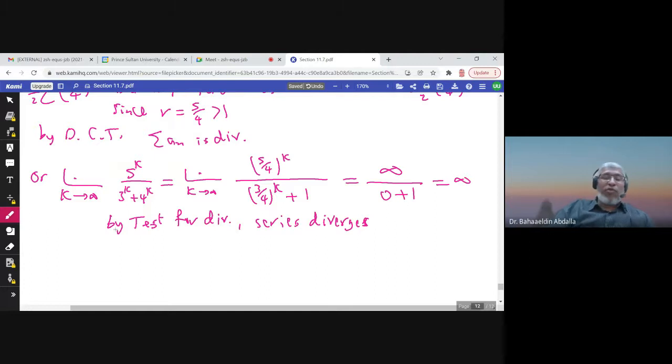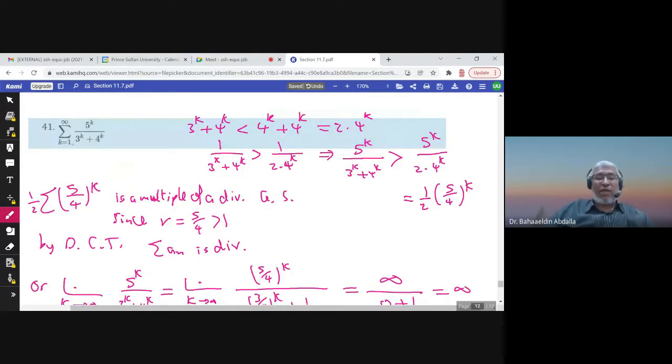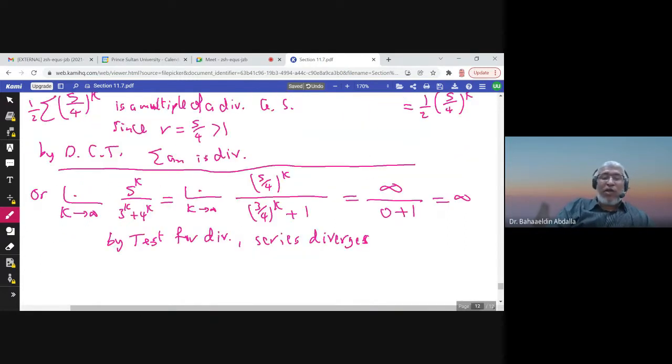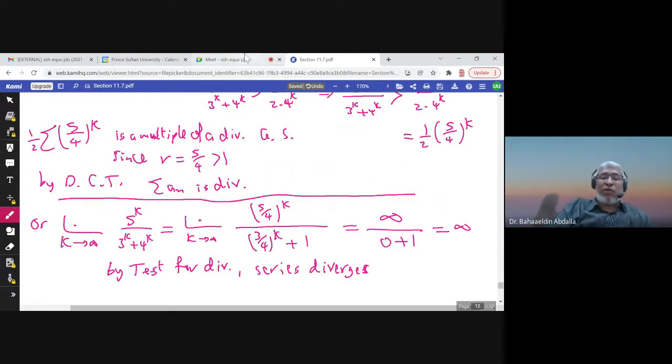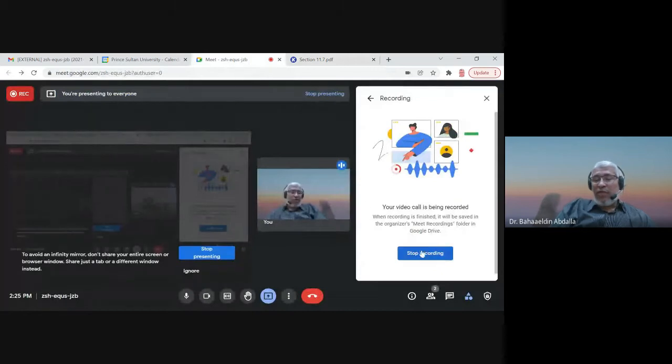So here I proved that the limit of a_n is not 0, or does not exist, it is infinity. So I can use the direct comparison test or test for divergence. I hope these exercises are enough for you to understand everything about series.